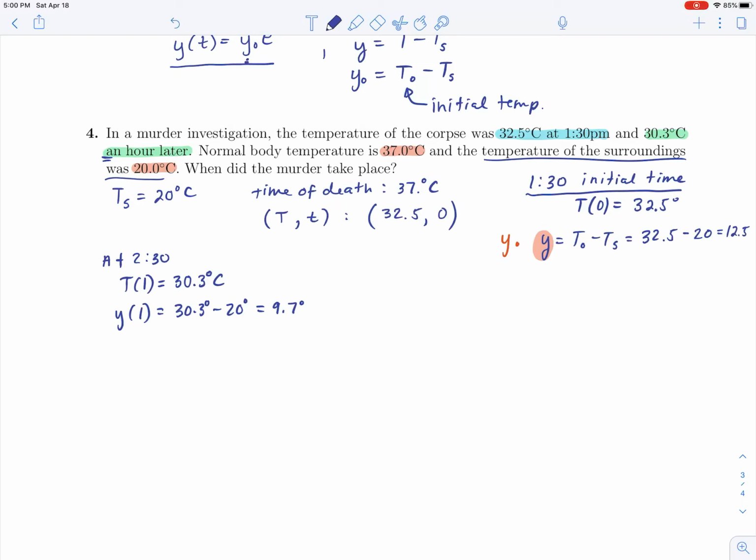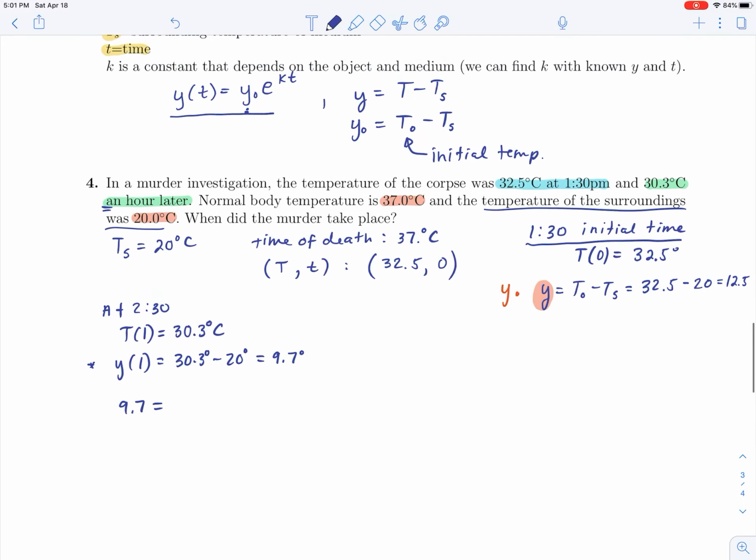We're going to need to find K, and it's this information that's going to give us K. So we've got 9.7 equals, so here's what I'm doing.